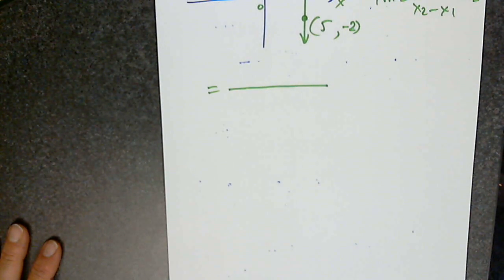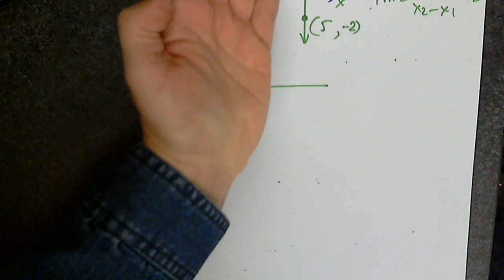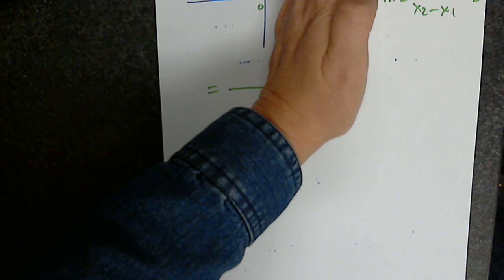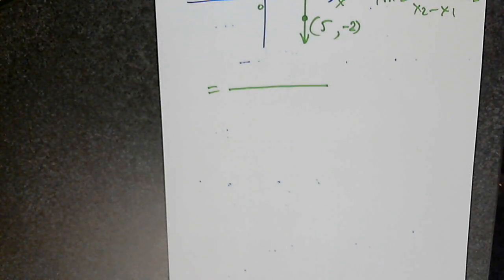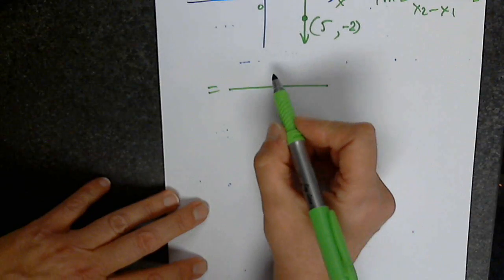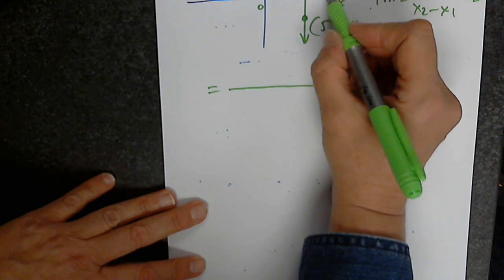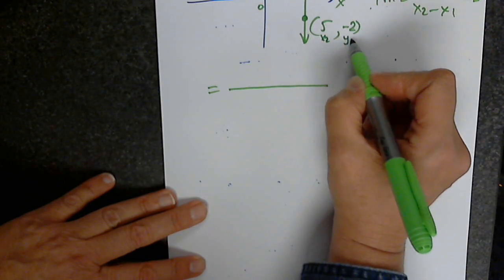Why is x equal to 5? No, I just drew a line and I asked, can anyone give me an equation for this line? Okay. So please dictate. So this is my x1, y1, and this is my x2, y2.